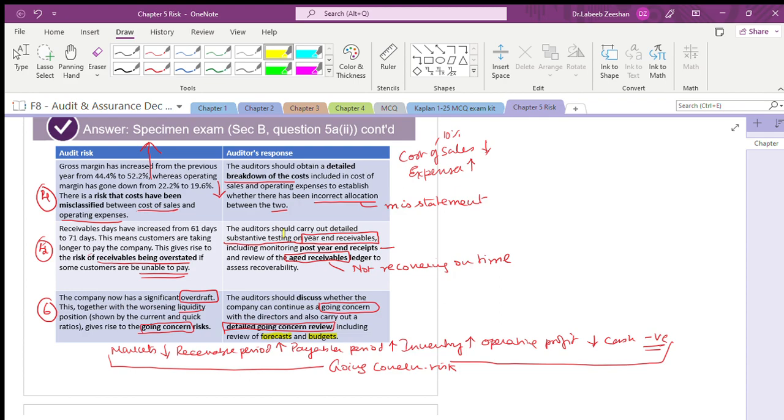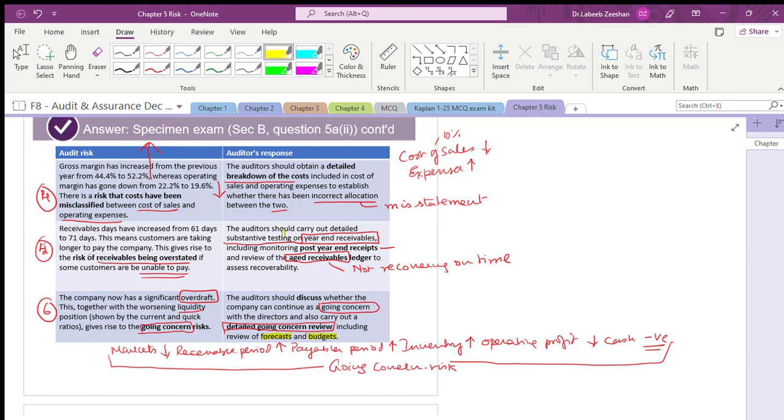For the first time, this gives you practical experience of how we have to work it out: what is the audit risk and what is the audit response. Fine. We will do many questions on this, as many as possible. It is a very important area. It will be tested again and again.